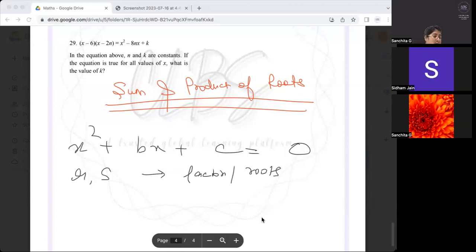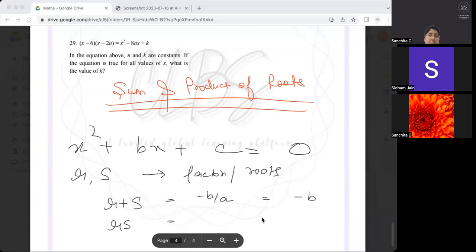Okay. So there is a formula. Sum of roots is R plus S. Product of roots is RS. You might have covered it in your school also. So R plus S over here is negative b by a. Here in this case, I have negative b.